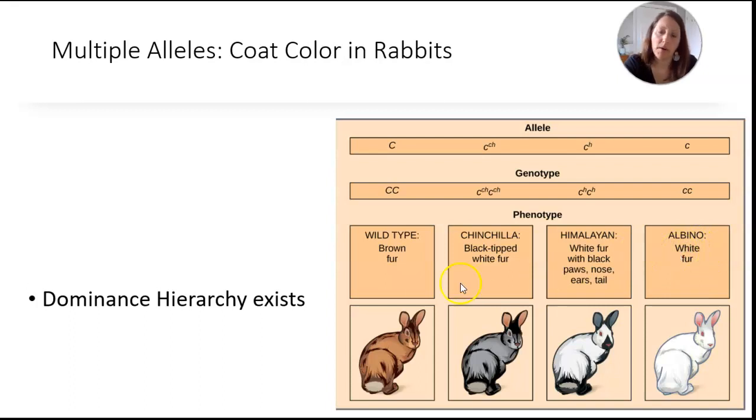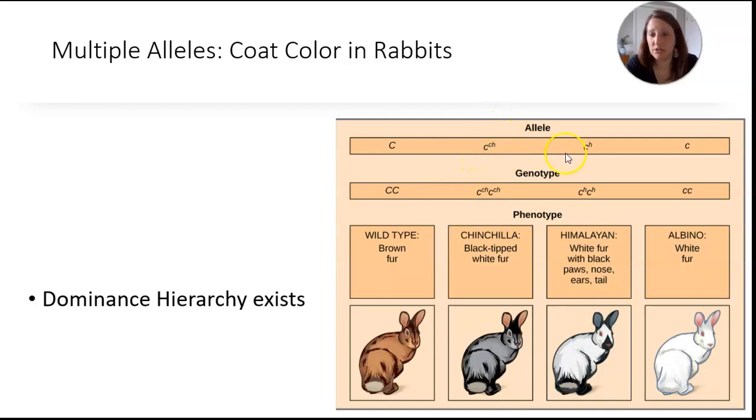I also want to mention that there's a dominance hierarchy. What if we had a bunny that was big C, C^ch? It would still be brown. If this big C is with any of these other alleles, big C with C^h, big C with little c, you're always going to get a brown bunny. The second in the dominance hierarchy is the C^ch allele.